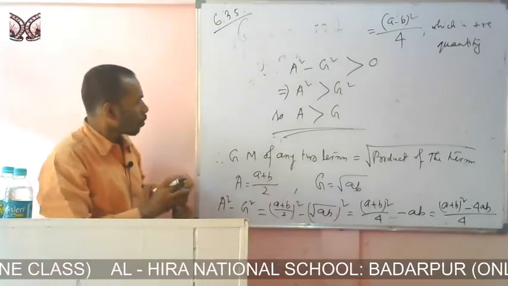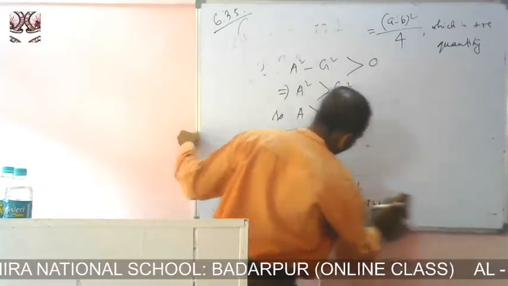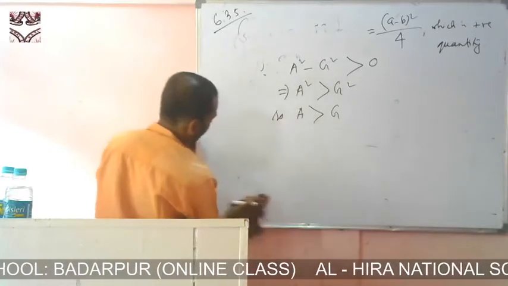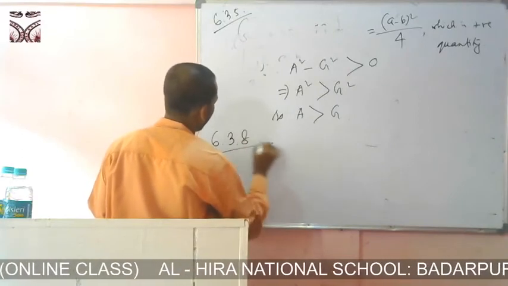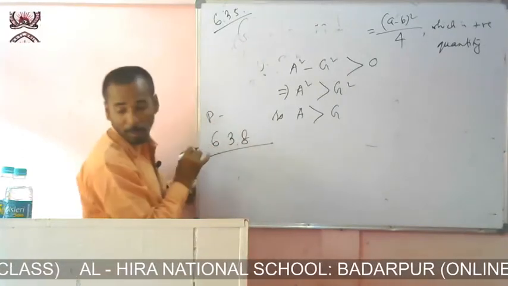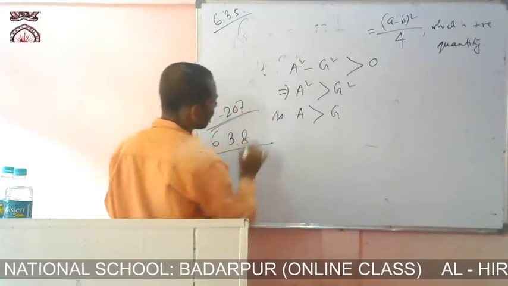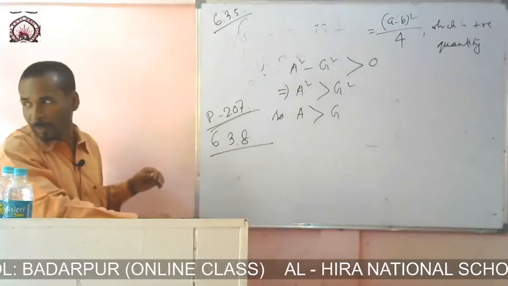Now the concept of 6.3.8, book page number 207. We are discussing the sum of a geometric series up to n terms.